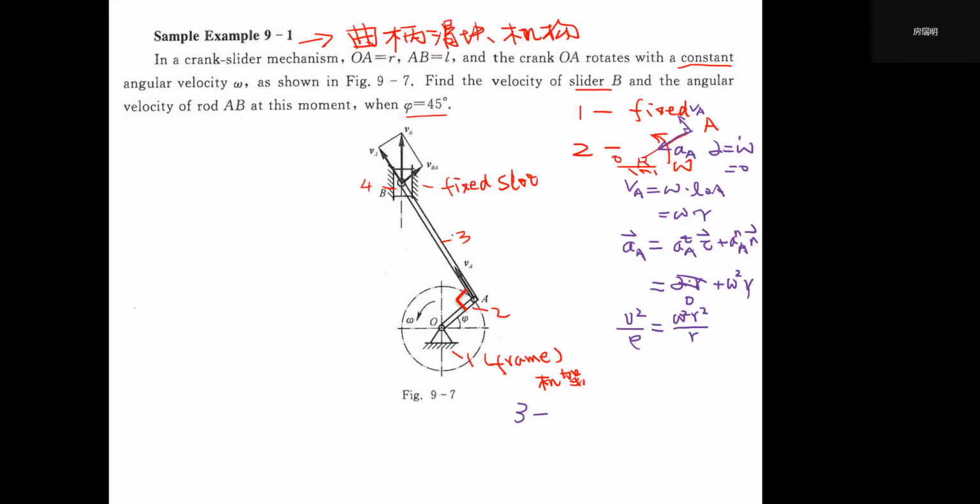Can you guys hear me clearly? I will repeat. This link AB does not connect to the fixed frame directly, because at point A it is connected by OA, and at point B it is connected by slider 4.